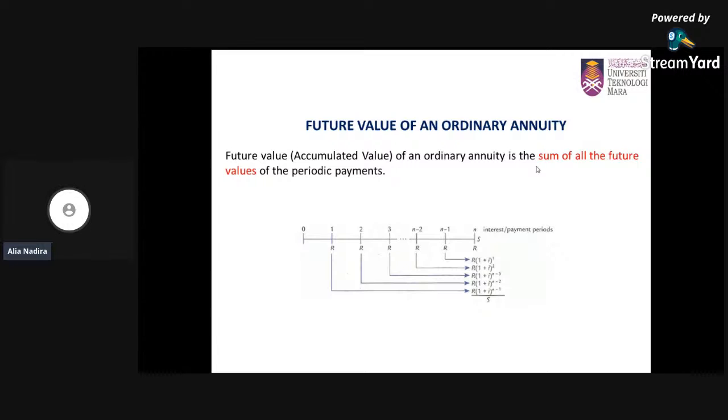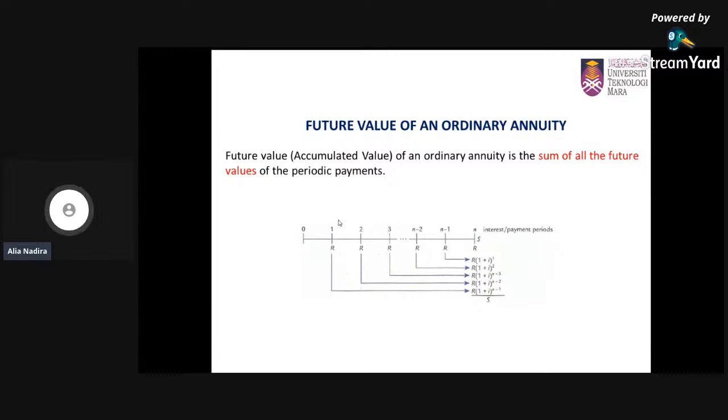Okay, so kita tengok dulu on future value. Future value is, you nak tahu what is the value in the future lah, akan datang. Apa akan nilai value itu. So future value, also known as accumulated value for ordinary annuity, is the sum of all the future values of the periodic payment.